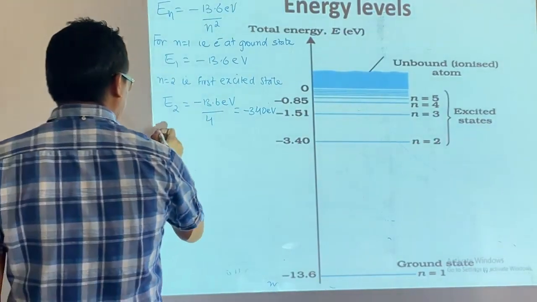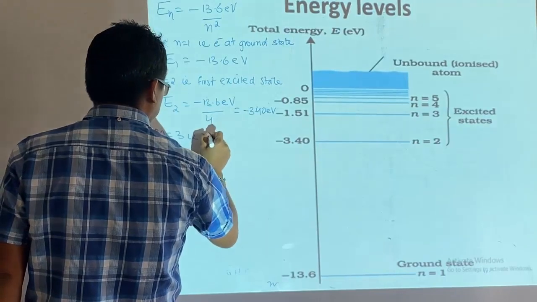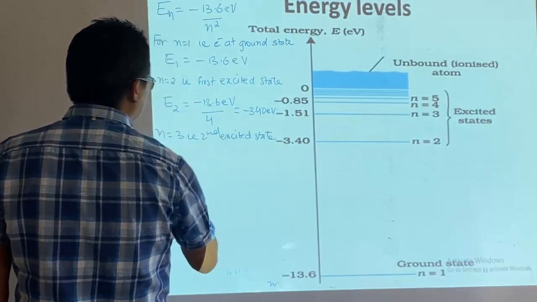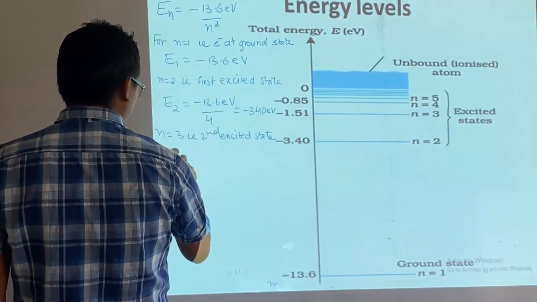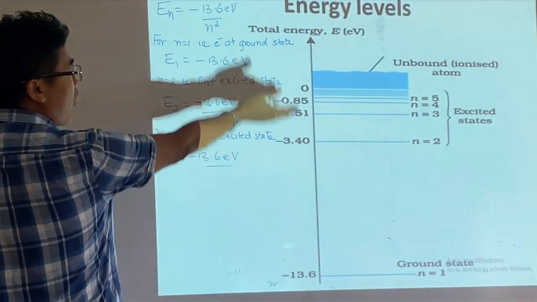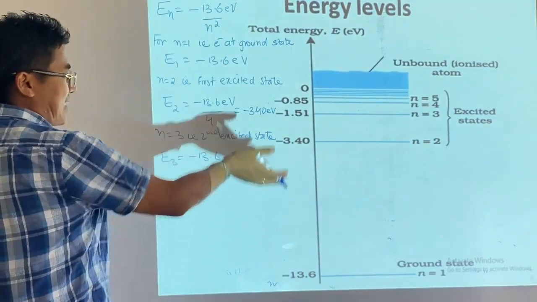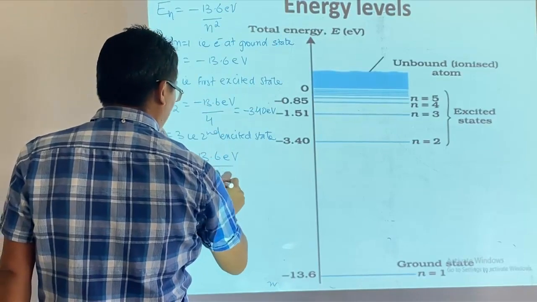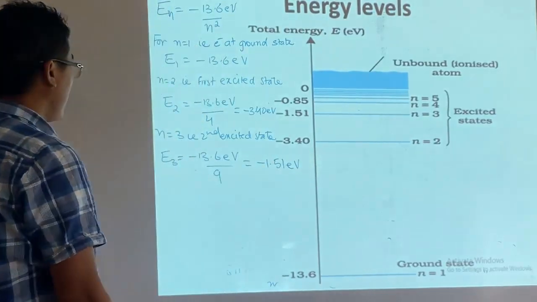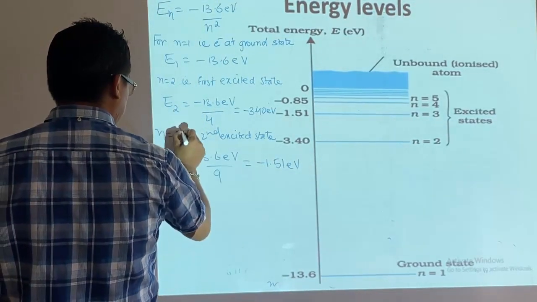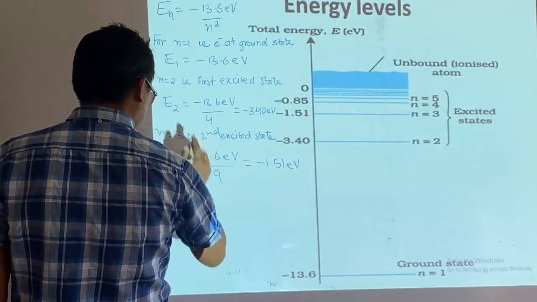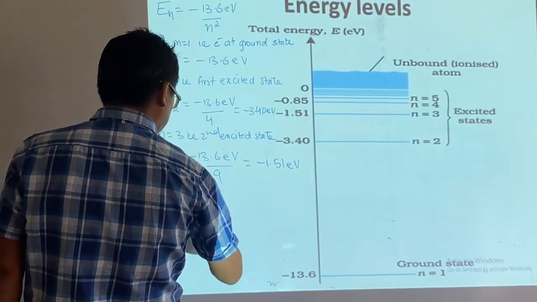Now the second excited state, n equal to 3: as you go higher and higher, energy goes on increasing. This is 9, and the value comes around minus 1.51 electron volt. Now n is equal to 4, that is the third excited state.